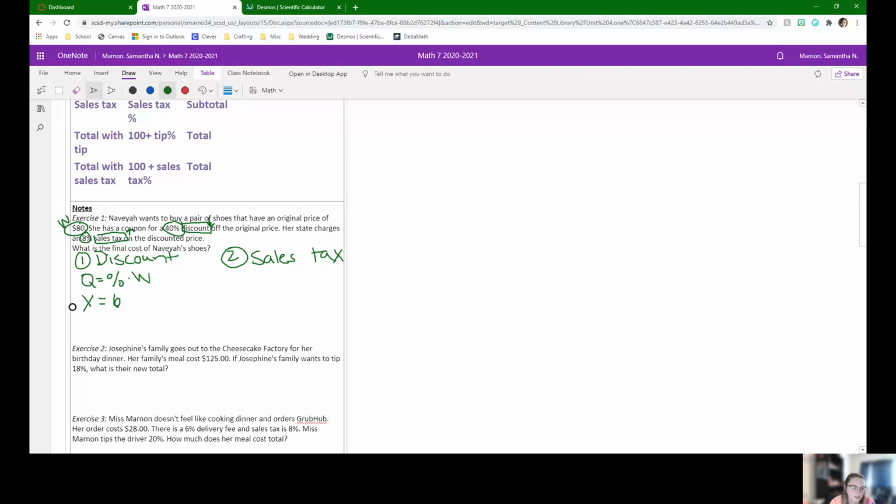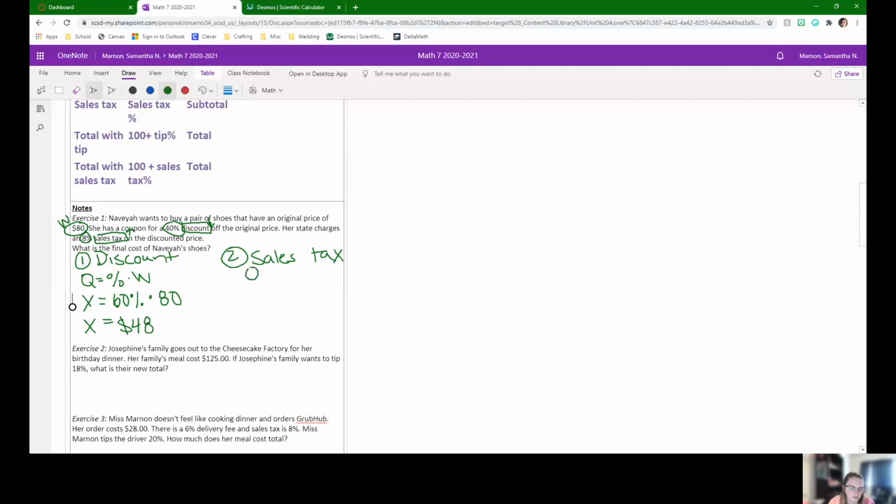So I'm actually going to use 60%. You could do 40% and subtract it from the 80 if you wanted to. And then our whole is that $80. So this is going to just tell me the selling price. If I wanted to know the discount amount and then subtract it, I would do 40%. So what I end up getting is $48 after the discount. So 60% of 80, $48.